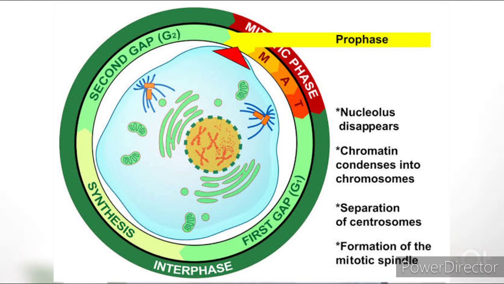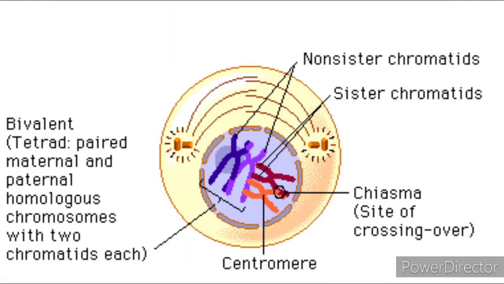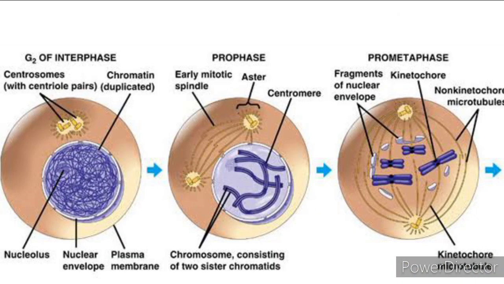Centrioles in the centrosome of the animal cell divide into two, and these centrioles develop very fine eyelash-like threads called aster rays. The two asters start moving toward the opposite poles. By the end of prophase, they reach the opposite poles, and between the two asters develop very fine thread-like structures called spindle fibers.